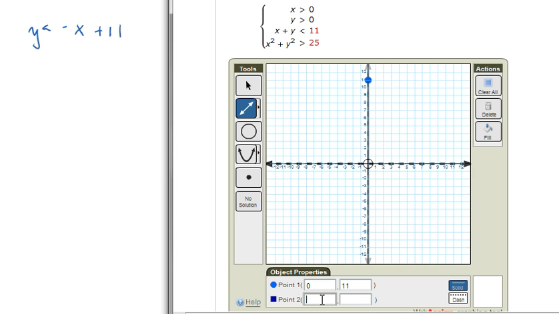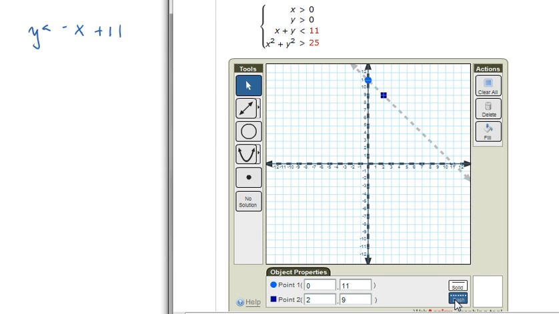So if I go down 2, I'll be going to the right 2. And so that would look as if 2, 9 is also a solution. So 2, 9. And that should be a dashed line as well.